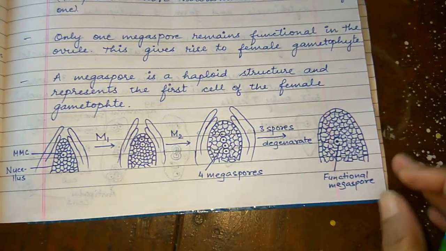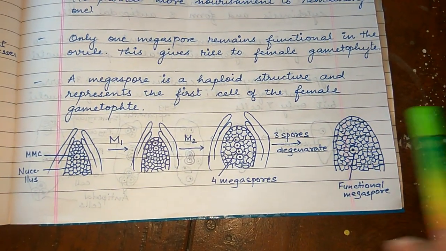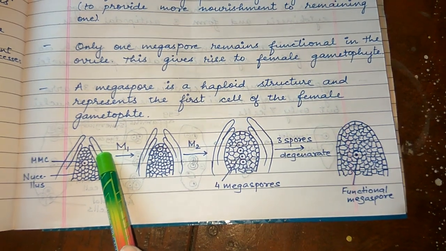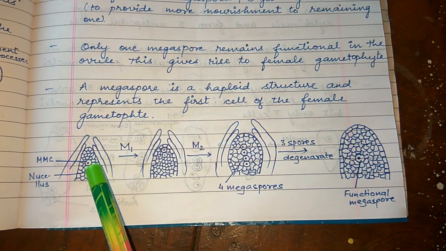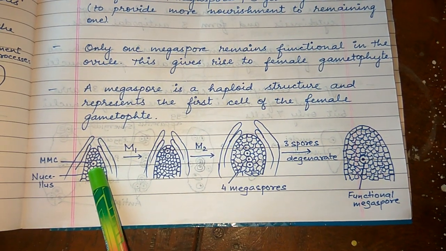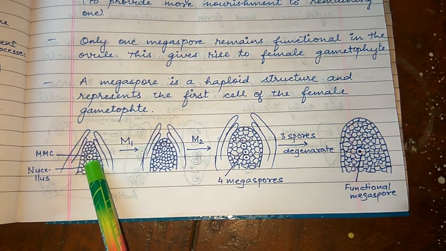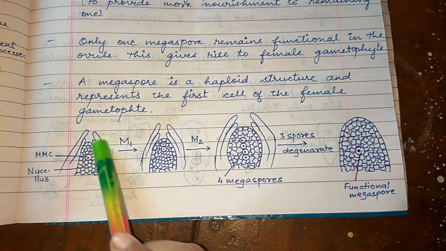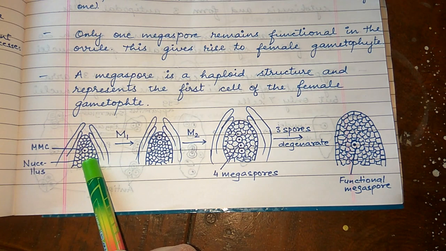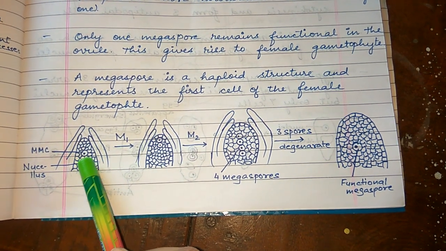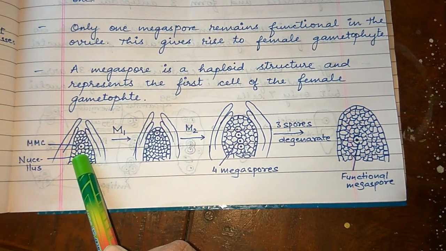Now, formation of megaspore. In the micropylar region of nucellus, a single cell differentiates from other cells, called primary archesporial cell, containing a big nucleus and dense cytoplasm.